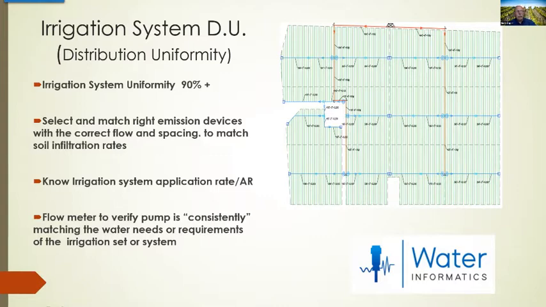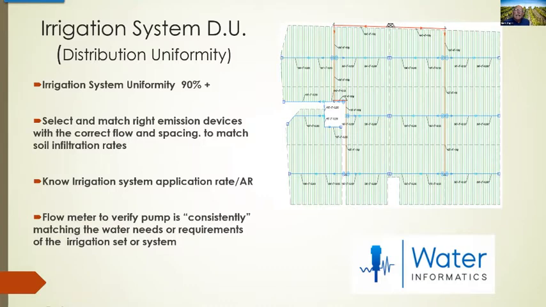One of the things is, I spent 25 years designing irrigation systems. And what was funny is that everybody would just put in what they did in the other block or the other field or what their neighbor did. It's really important to pick the right emission device, the correct flow, the right spacing, and you try to match that emission device to the soil infiltration rates and the soil variability.